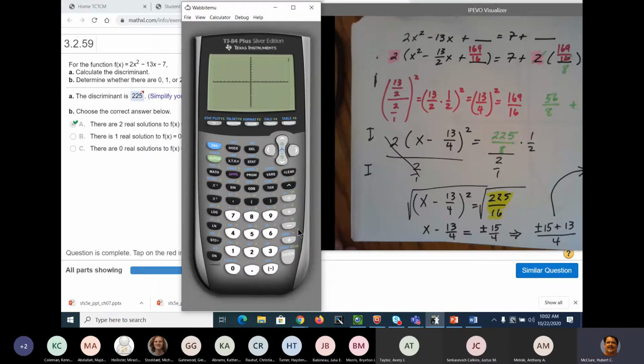Zoom 6 and zoom fit. Okay, let's see what they are. Trace, second, trace, 0.